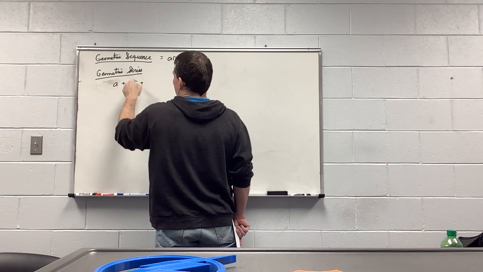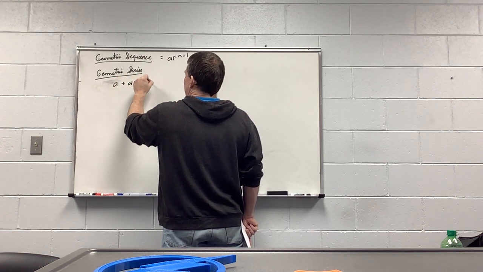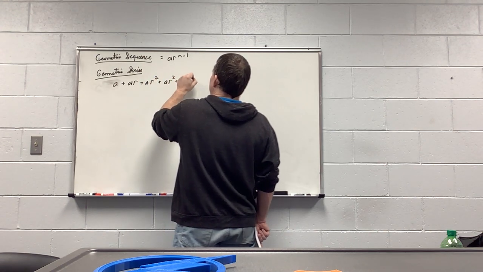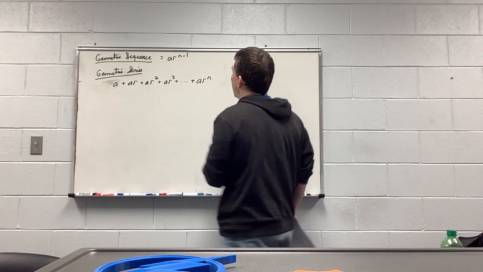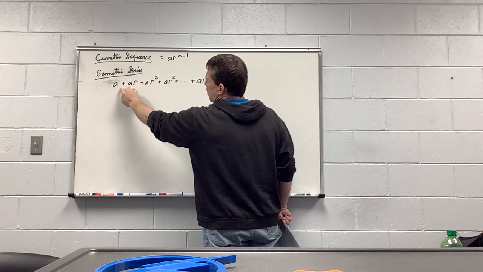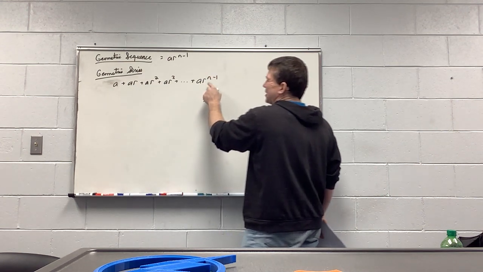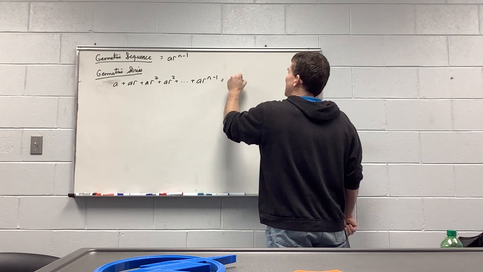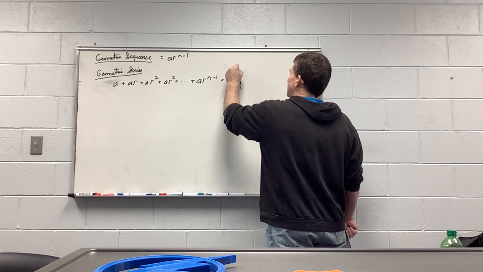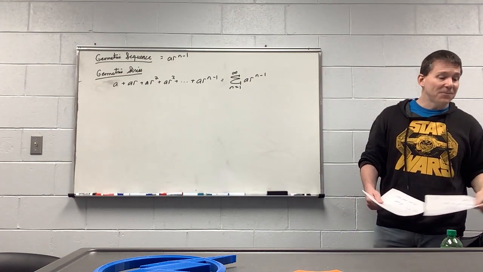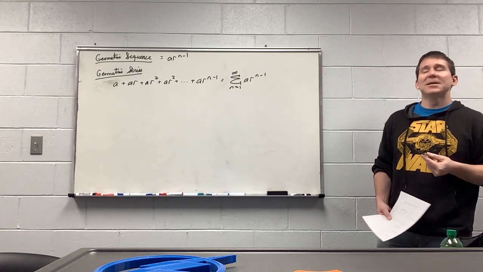Plus ar, when I multiply by r, plus ar squared, plus ar cubed, all the way up to ar to the n minus 1, because the power of r is always 1 less than the term. If this is the nth term, it's the n minus first power, which means then I can write my series right there. And there's a nice form for the geometric series.